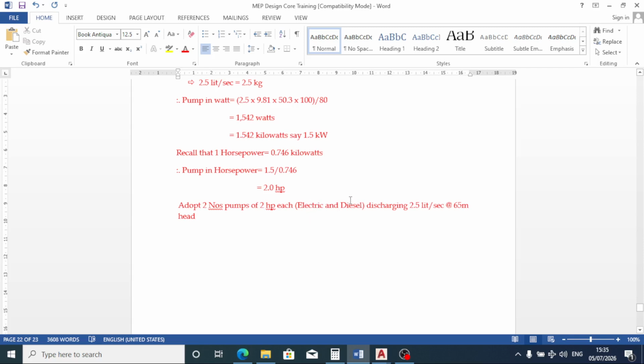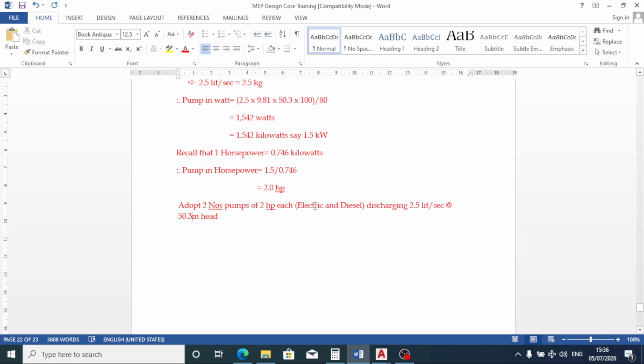So the diesel pump will now take over to power the pumps, so that at all times you have a backup solution. When there is a power outage, of course you have your diesel pump to take over. So now our head is 50.3. So that's that for our pump sizing.